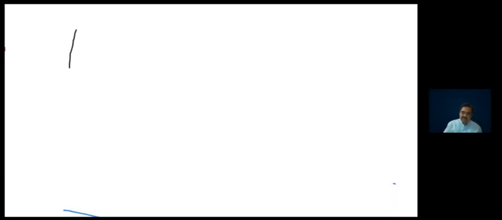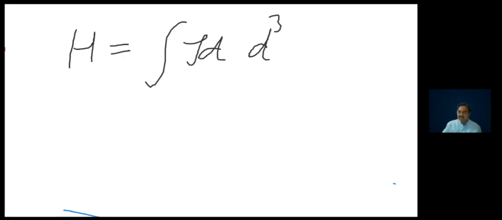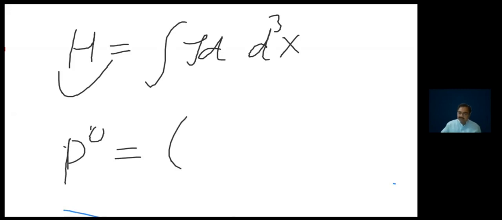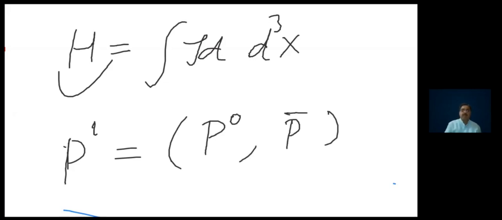So when I said H is equal to the integral of the Hamiltonian density d3x, you know that H on the left-hand side, the total energy, is like the time component of a 4-vector. It is not a scalar, because the 4-momentum we defined as P^i is P0 and the 3 components of the momentum.